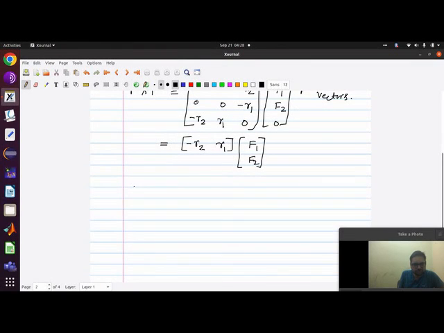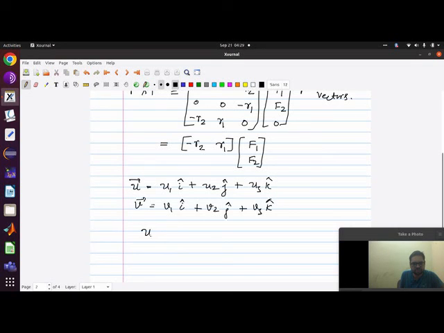So dot product is simply, let's say u is u1 i cap plus u2 j cap plus u3 k cap. v is v1 i cap plus v2 j cap plus v3 k cap.